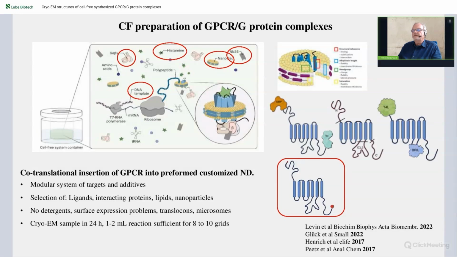There are quite many GPCR structures published and available, but many of them are heavily engineered. So they have truncation of the EL3, of the terminal domains. They are expressed as fusions with large fusion partners, or they have insertions of stabilizing proteins like T4L.